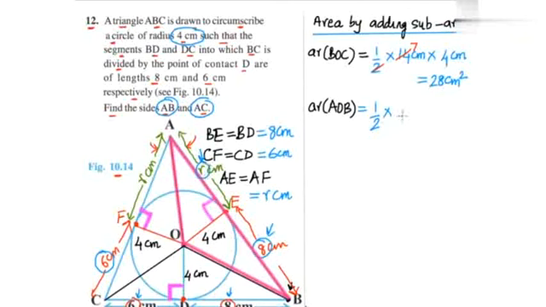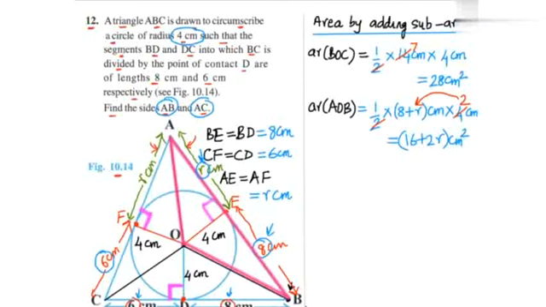So AB we can write as 8 plus R centimeters, into OE, which we know is 4 centimeters. Now 4 by 2 is 2, and 2 into 8 plus R will be 16 plus 2R. So area of AOB will be 16 plus 2R centimeter square.